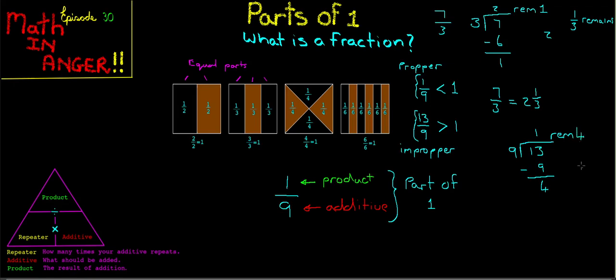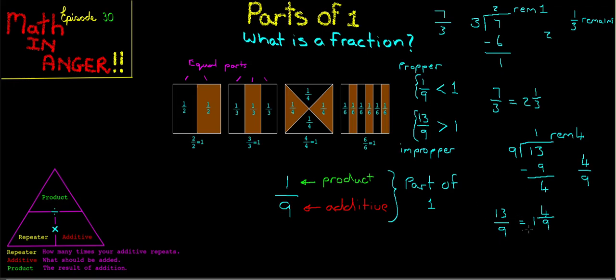That is 4 parts of something that is broken into 9 remains. So you can write this.